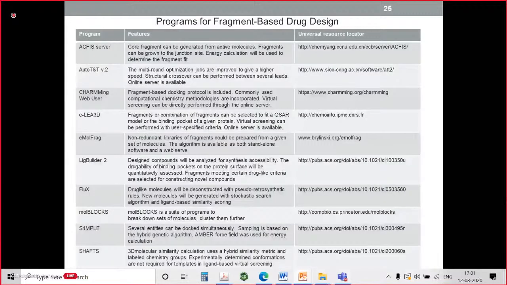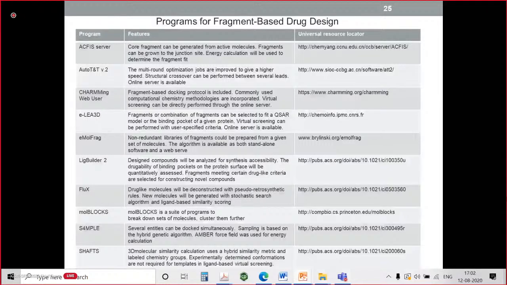But purely based on fragment-based drug design, one program used nowadays is the ACFIS server. This is freely available and one can upload the query online and get the results in one or two days. Then there are Auto TNT, Charming Web User, eLead 3D, eMolFrag, Lick Builder 2, FluAx, MolBlocks, and such.